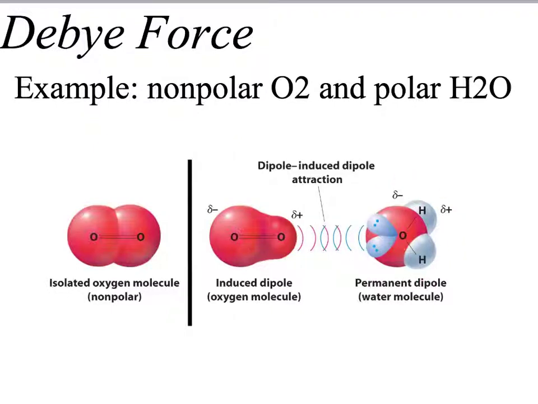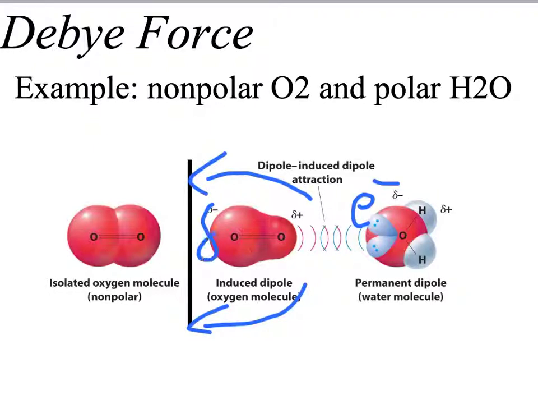And you see what happens here is that the electrons on this half of the oxygen try to move away from the negative electrons over here. As we know, like charges repel. So those electrons will move to the other half of the molecule, which makes this half partially negative and this half partially positive. And that's my Debye force, also called the induced dipole force.